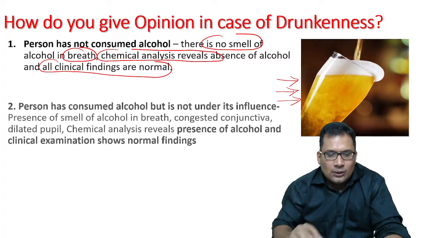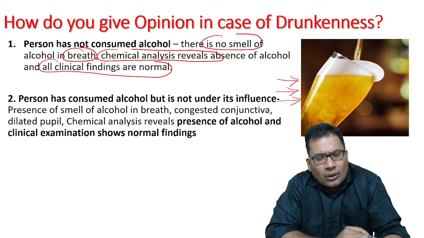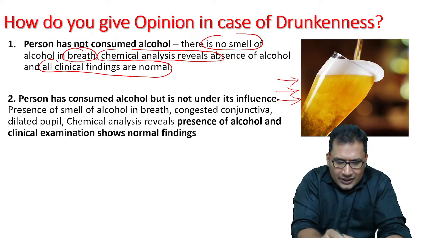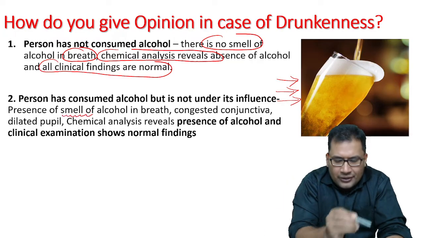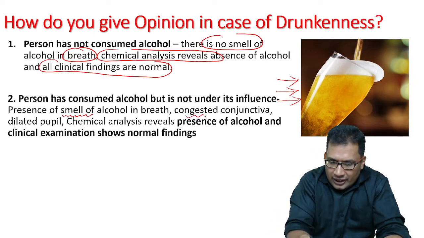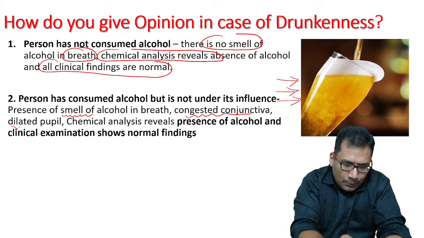Option two: person has consumed alcohol but not under its influence. When there is a smell, that means definitely there is consumption. Congested conjunctiva and dilated pupil may be seen.